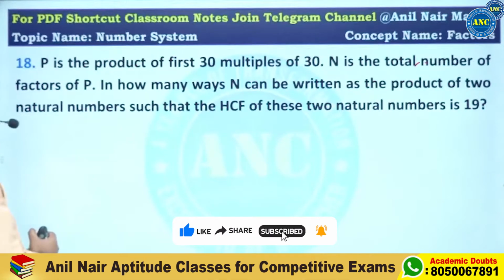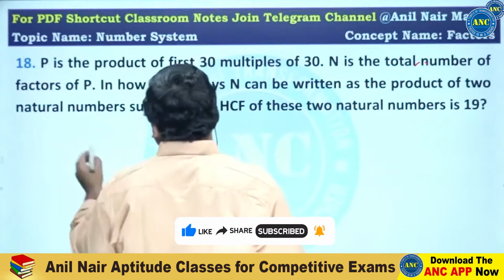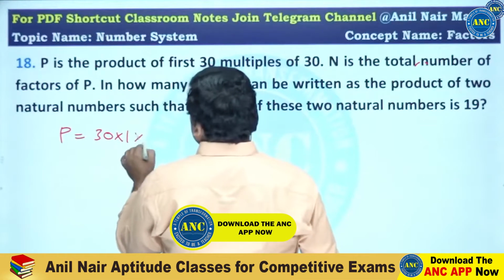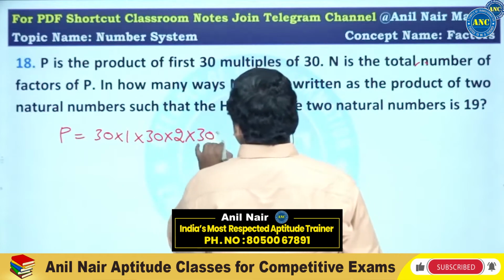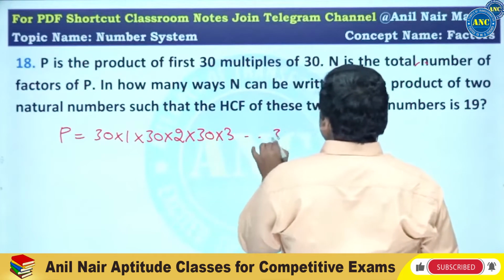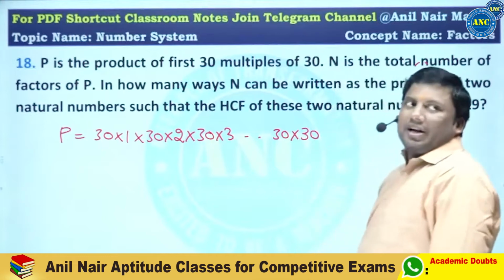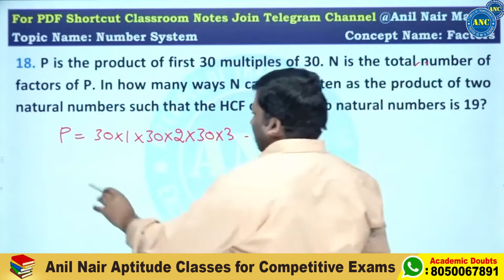Now, next one. P is the product of the first 30 multiples of 30. The product is 30 into 1, 30 into 2, 30 into 3 and so on up to 30 into 30.